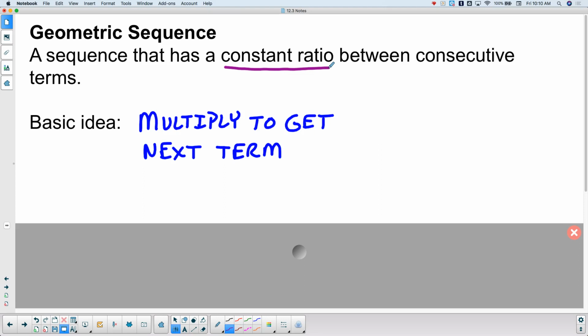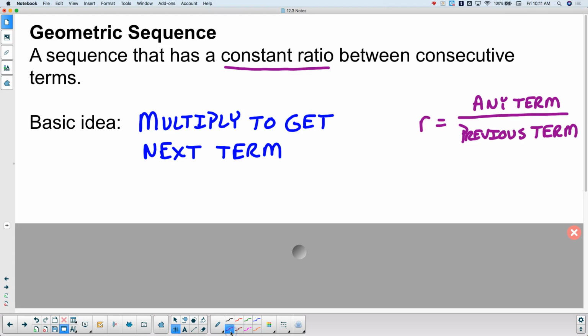The reason it's called a common ratio is because we can take any term and divide it by the previous term. No matter where we are in our sequence, if I divide a term by the term right before it, I get the same number. And that's how we figure out r.